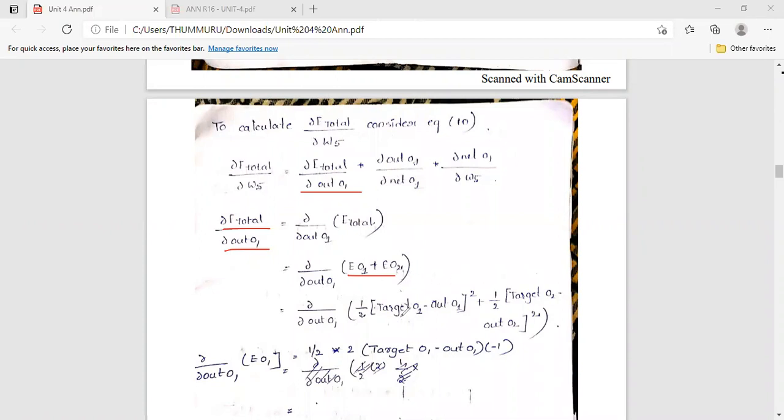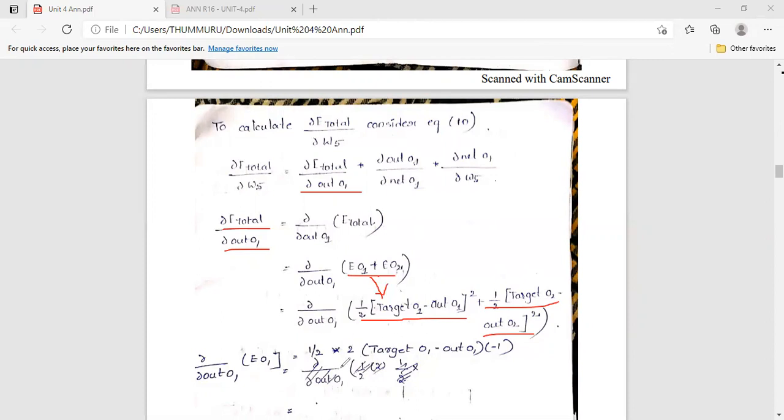This is the formula for E O1, and this is the formula for E O2, isn't it? These are substituted at this place. E O1 is equal to half, 1 by 2, into target O1 minus out O1 whole square. So this is the same.